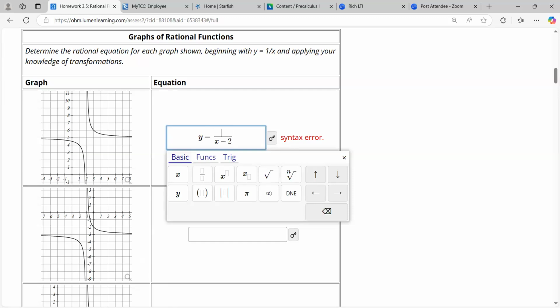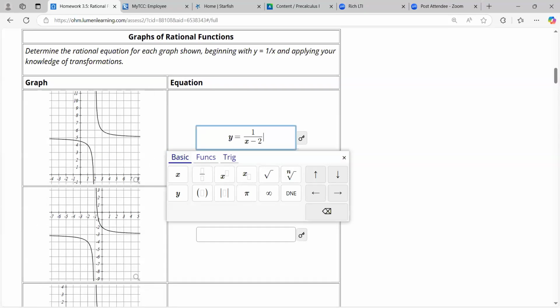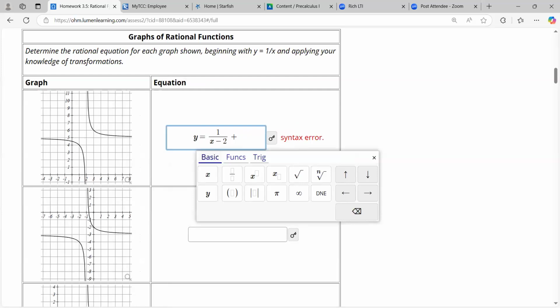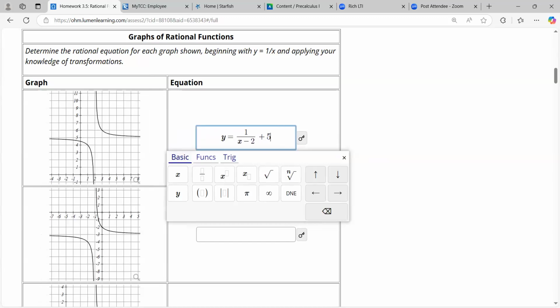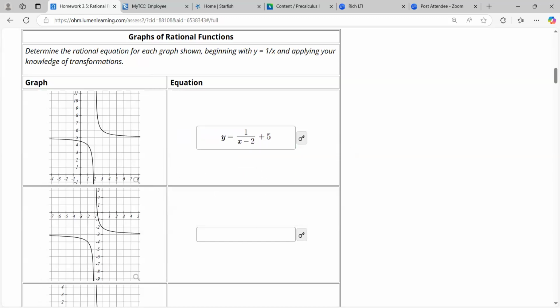And then the numerator is 1. We move to the right 2 units and then go up 5 units. So add a 5 to the whole function, and that is the result. I hope you see it.